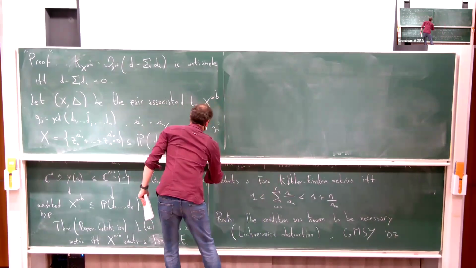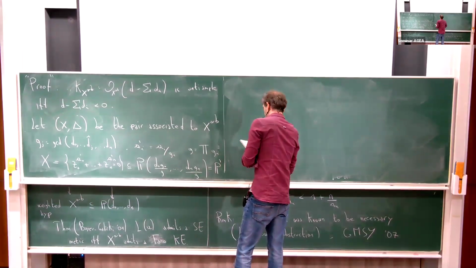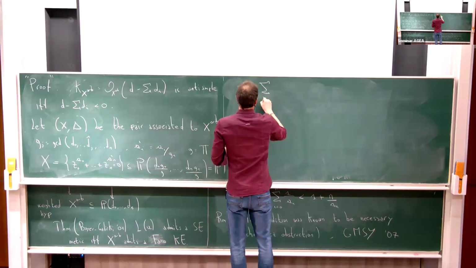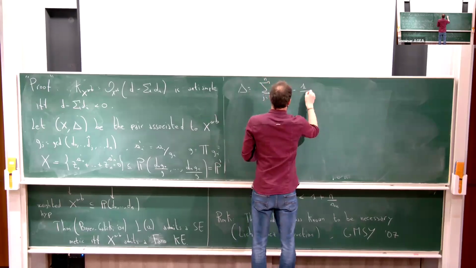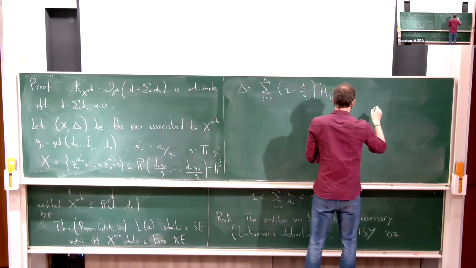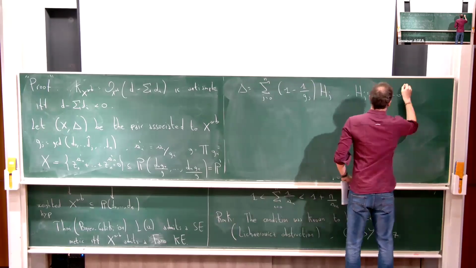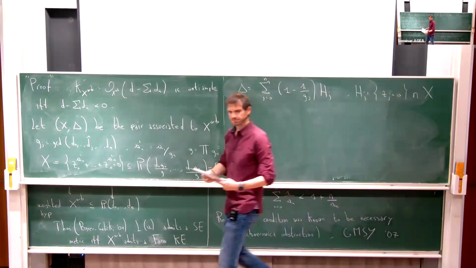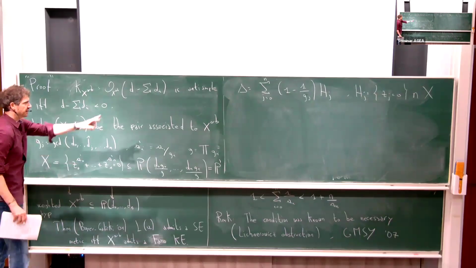Let me call this weighted projective space P prime. And then the boundary delta is given by the sum of 1 minus 1 over G_j times H_j, where H_j are just the hyperplanes intersecting with X. In this way we get the variety and our divisor.